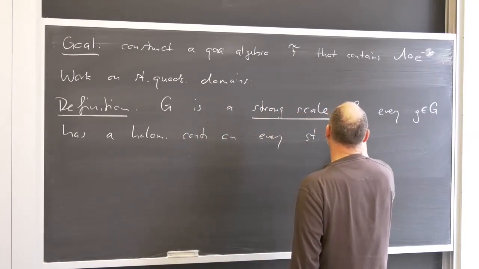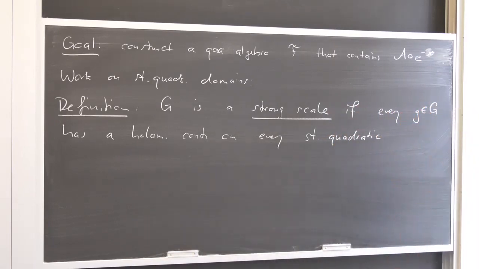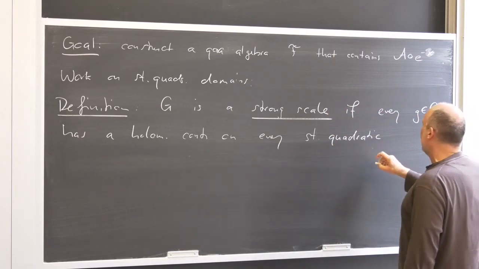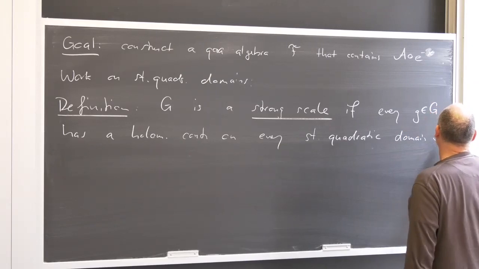It might be enough to do it on just at least one, but I'm just going to say the examples are going to satisfy that. On every standard quadratic domain, omega.